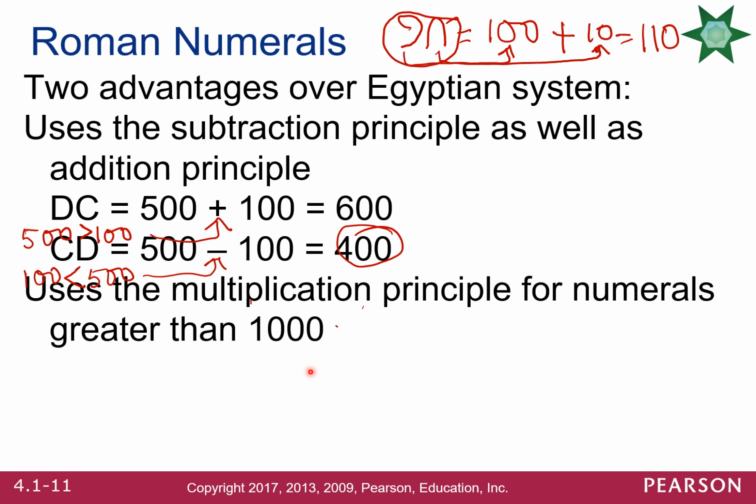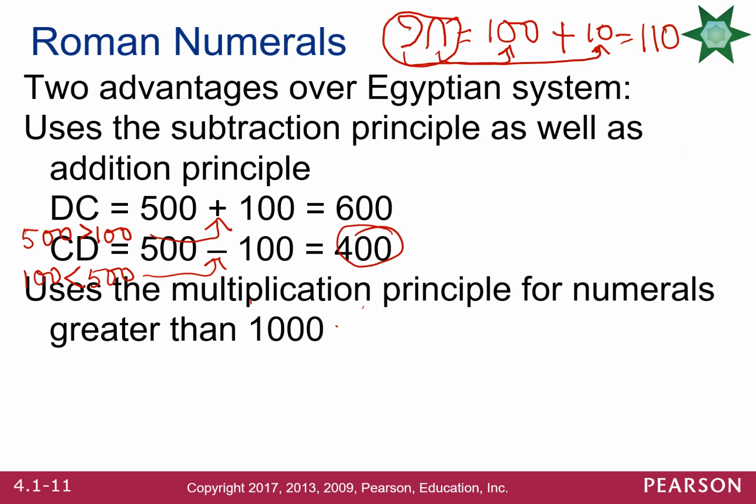But to evaluate values greater than 1000, we use the multiplication principle. So how does the multiplication principle work? In the Roman system, we only multiply by 1000, because we are representing numbers greater than 1000.